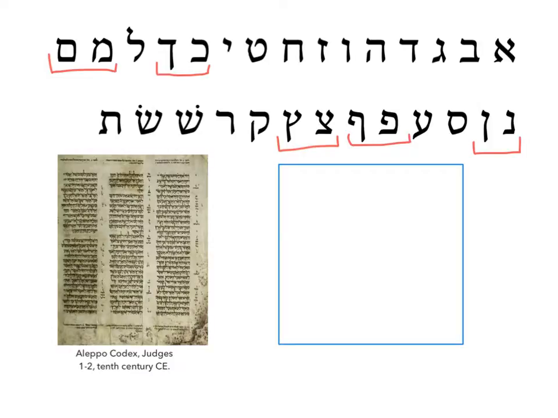In my mind, the ones that we kind of want to become aware of are these two here, which we flagged earlier. That'd be the Vav and the Zayin. As you can see, the head stroke is not as prominent on one. It can be easily confused, so we're going to want to pay attention to form those characters properly when we get to that in a moment. We also have these two.